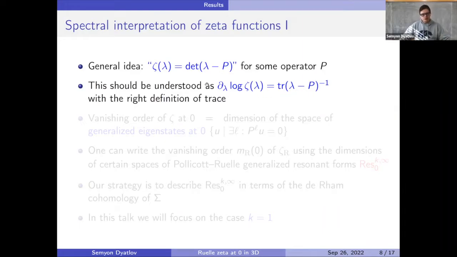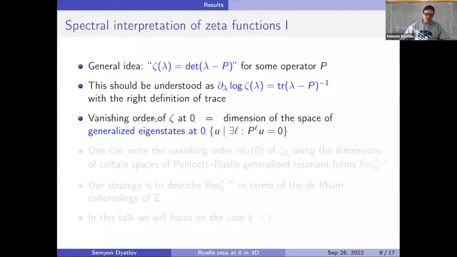So the way it should be understood is that the log derivative of that should be the trace of the resolvent. And that resolvent is still not trace class, so one needs the right definition of trace, a so-called flat trace. That is a microlocally informed definition of trace that will make it possible to define this expression and meromorphically continue.